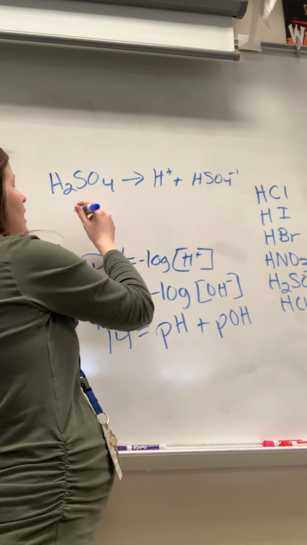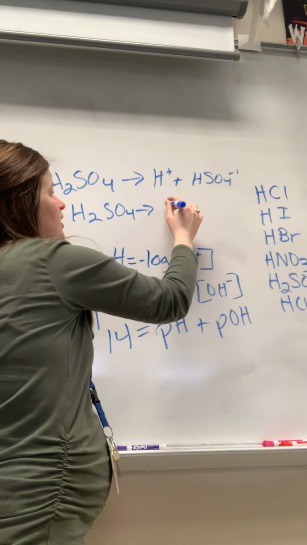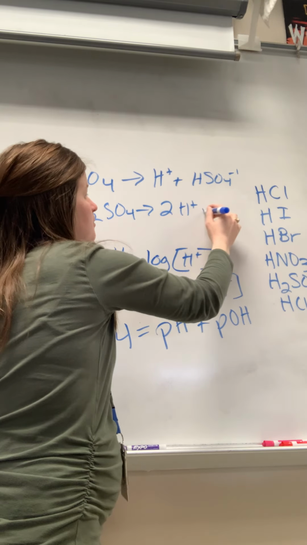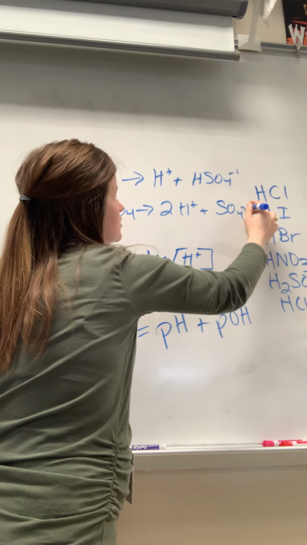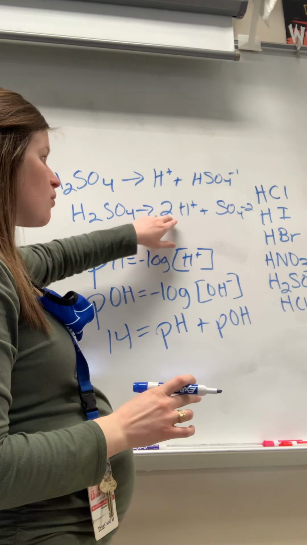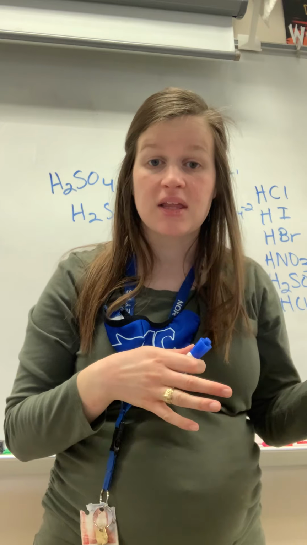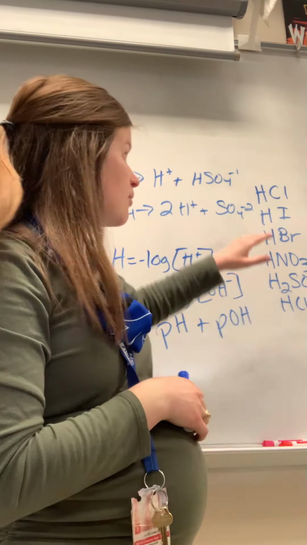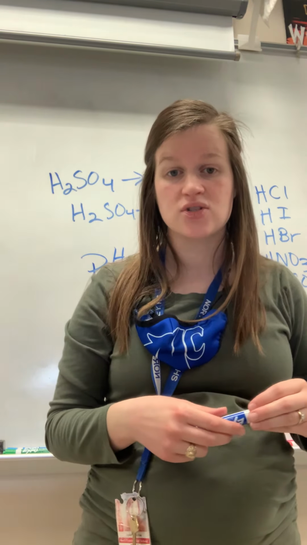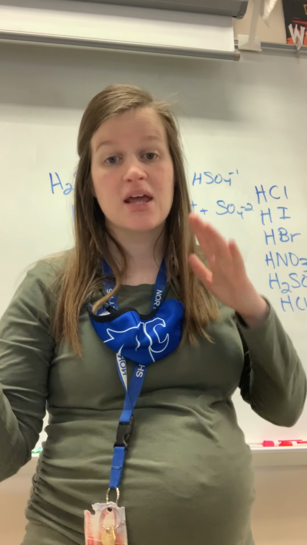But we also could have H2SO4 going to 2H plus and SO4 minus 2, which would be like a 1-to-2 ratio. With AP, we learned that the first one pops off completely, and the second one is now a weak acid, so it doesn't lose that second hydrogen completely. Don't worry about that; I don't think UIL is going to ask you about it. But you can kind of see what the process is, and then you're just plugging in those concentrations.